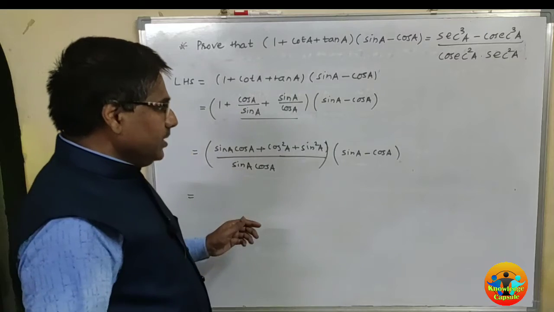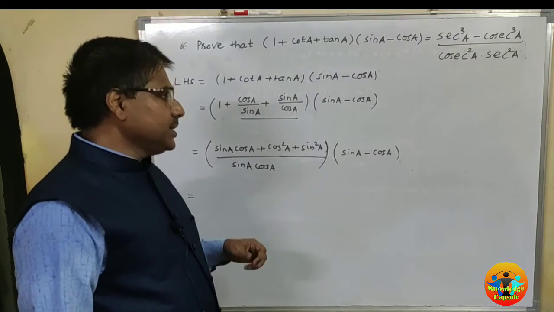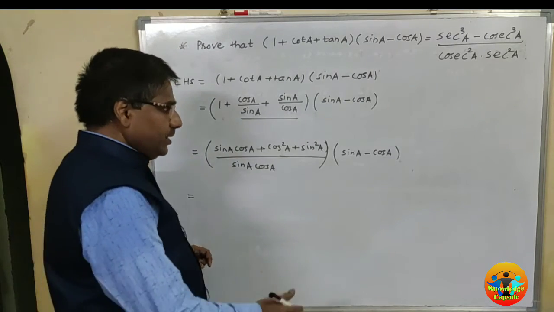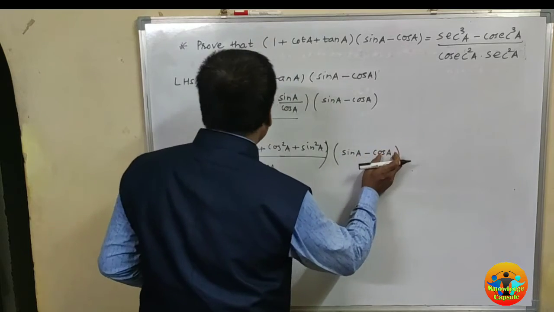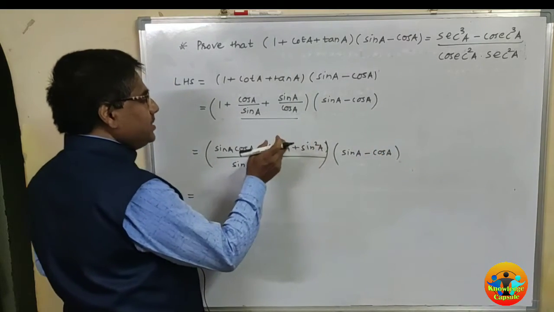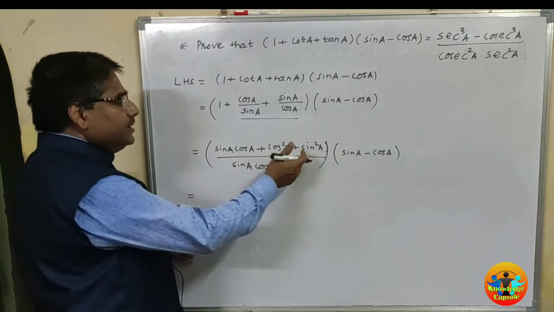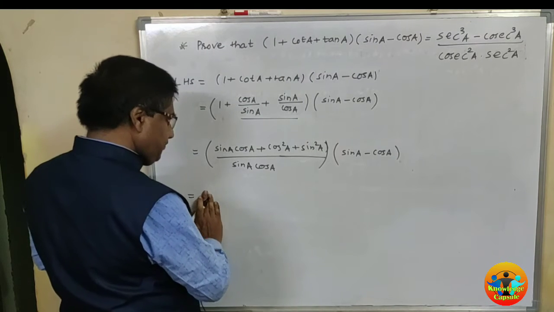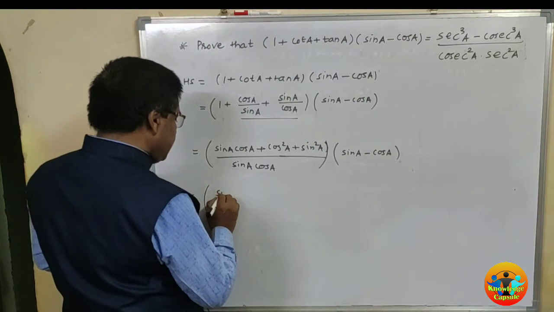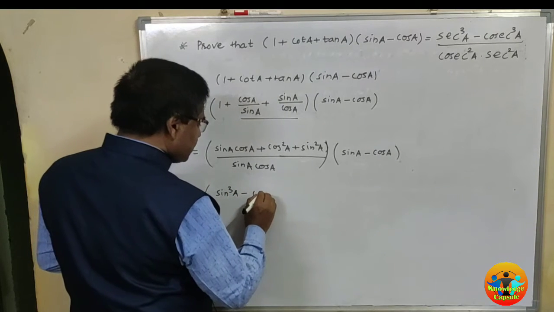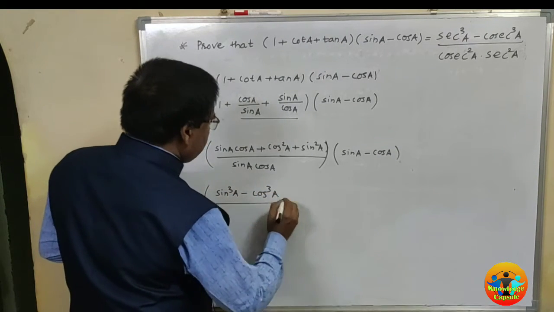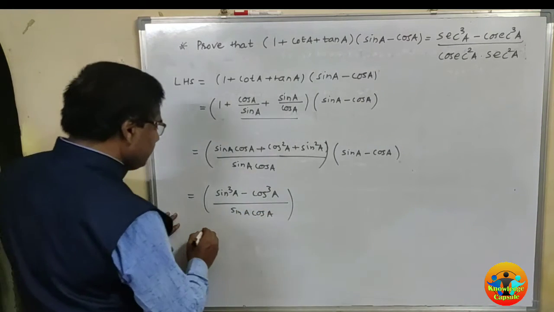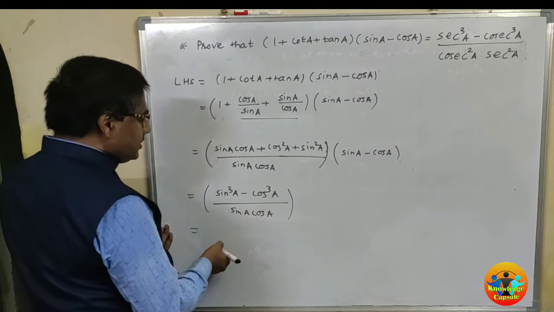As we know, the expansion of A cube minus B cube is A minus B into A square plus AB plus B square. See, this is A minus B into A square plus B square plus AB. This can be written as A cube minus B cube, that is sin cube A minus cos cube A upon sin A cos A. Now let us simplify this.